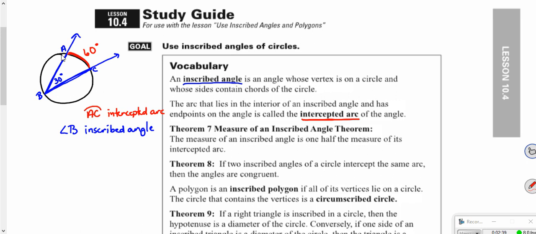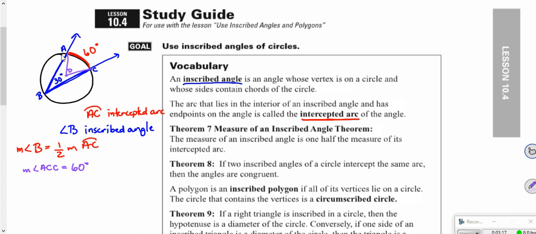Okay, that's what theorem 7 is telling us: the measure of an inscribed angle is 1/2 the measure of the intercepted arc. The measure of angle B is 1/2 the measure of arc AC. Now, I don't want to muddy the waters here, but if this were the center of our circle, let me call that point D, then the measure of angle ADC stays 60.